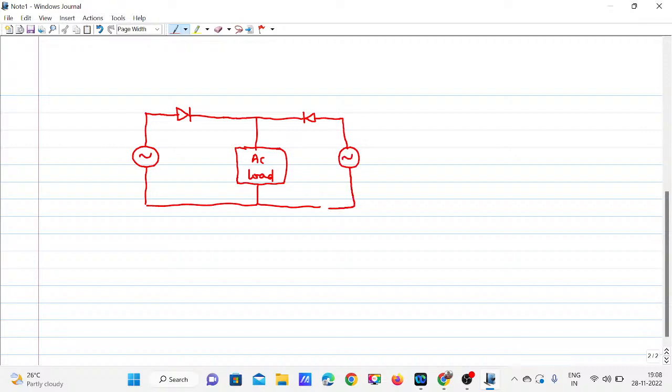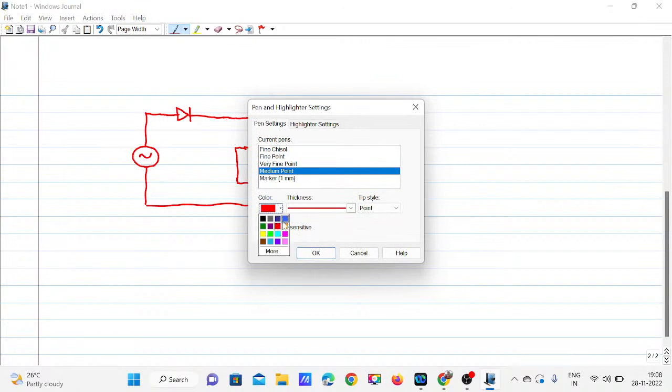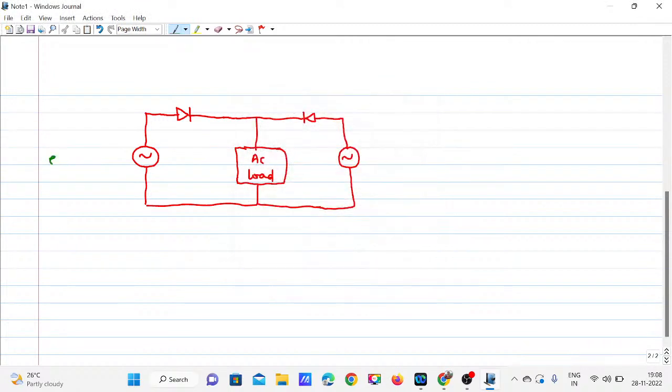This is also an AC supply. Like this we have the positive side here, which I can call the positive voltage.